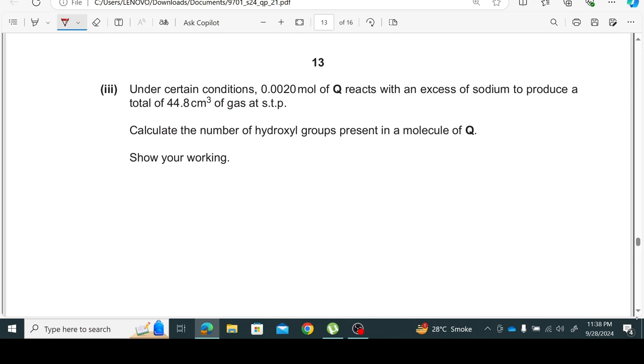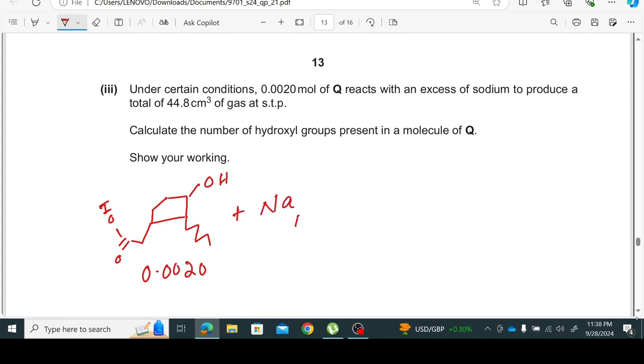So now you have Q with OH groups, and a carboxylic acid with OH. The moles of Q are given, 0.0020 moles. You are reacting with excess sodium, so sodium is in excess.